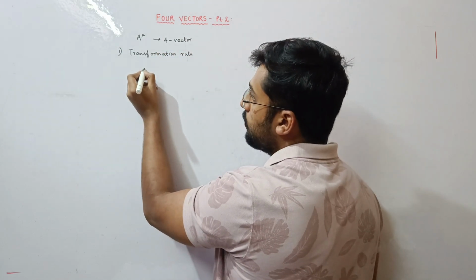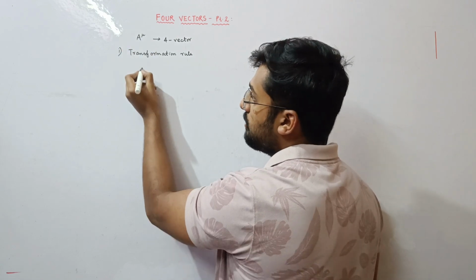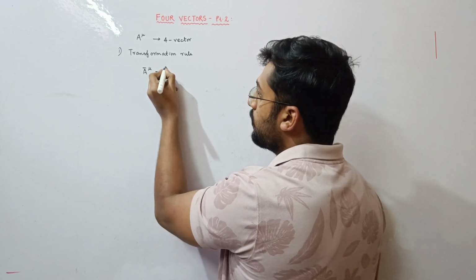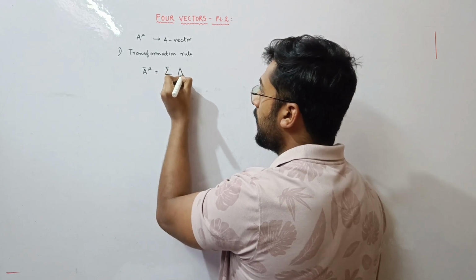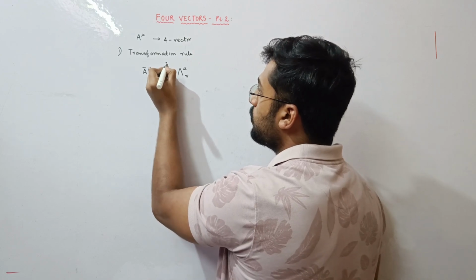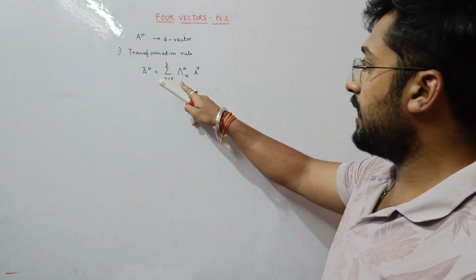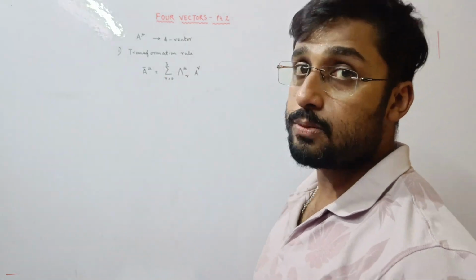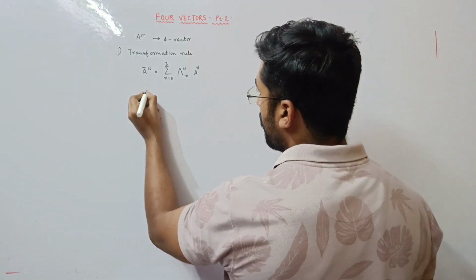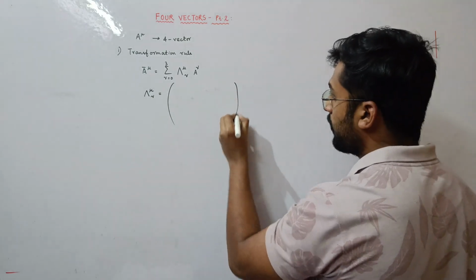Suppose I am talking about a 4 vector represented by A mu, it would be A bar mu, which is equal to the sum over nu, where nu goes from 0 to 3, of lambda mu nu times A nu, where this parameter lambda mu nu is called the Lorentz boost or the Lorentz matrix. Now this Lorentz boost is written in the following form.